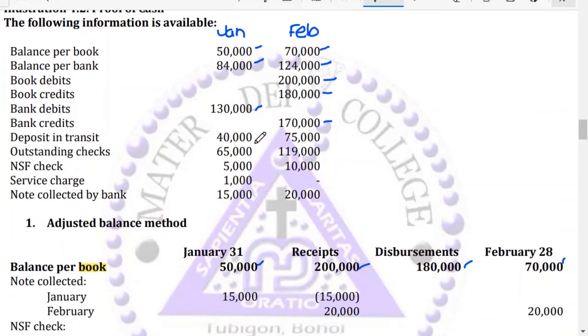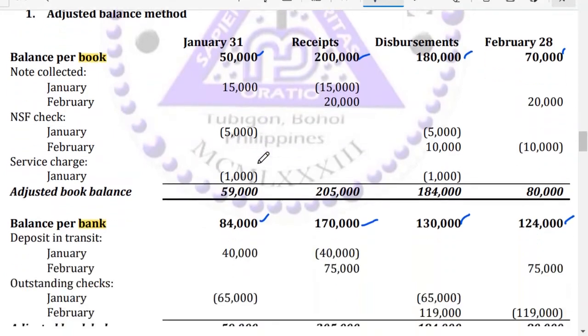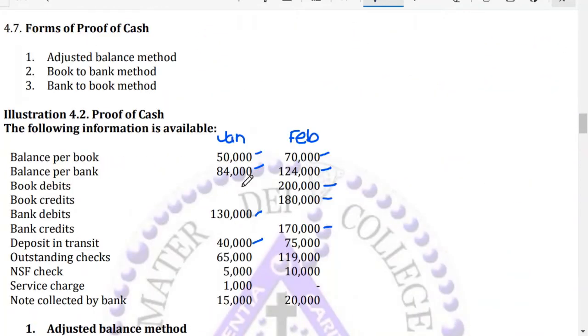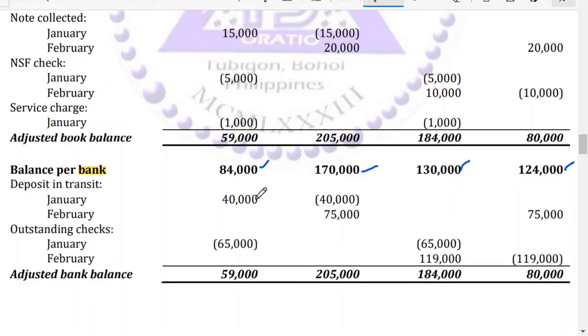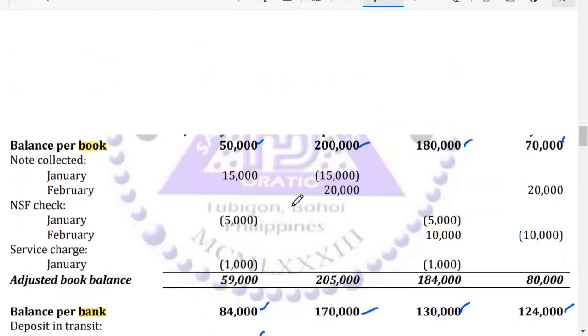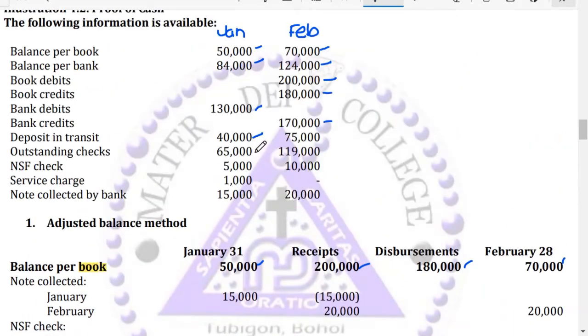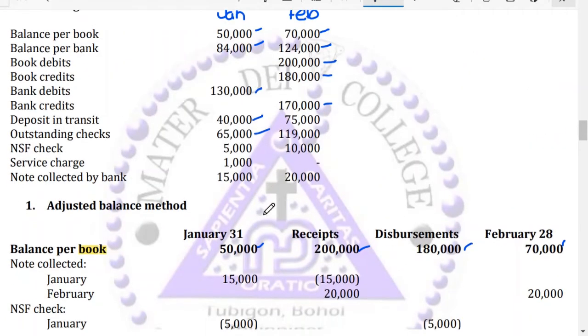Next, deposit in transit. This one is easier because it's given. You solved this previously in the to-date bank recon. So you have deposit in transit, 40. Since it belongs to the January column, you put it in January. Next, outstanding check, January. So, plot.